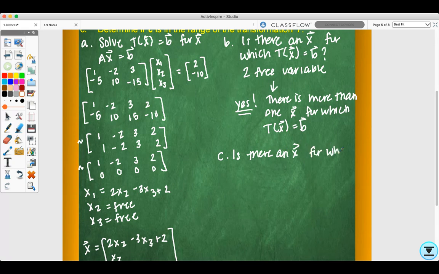Basically it's saying, is A times x equals c consistent?